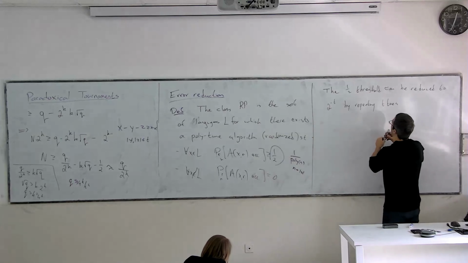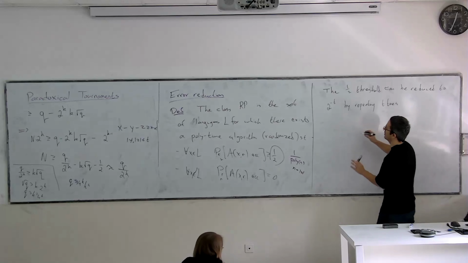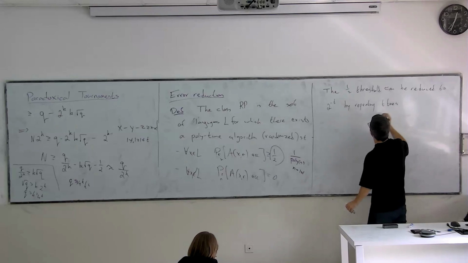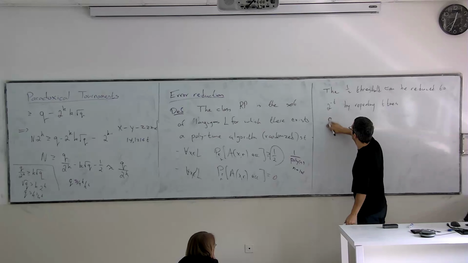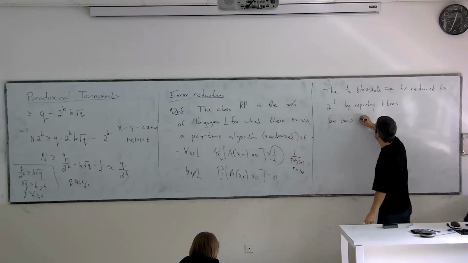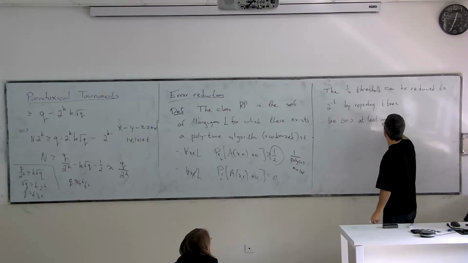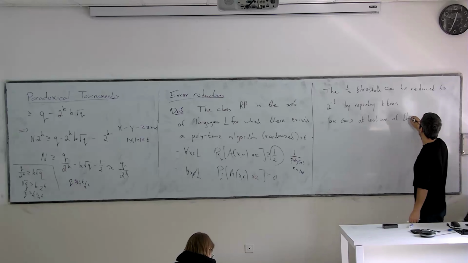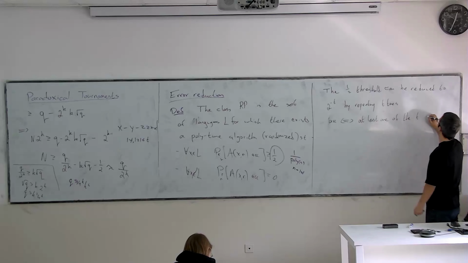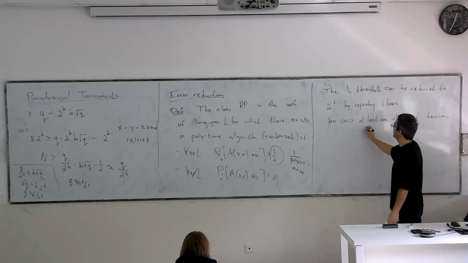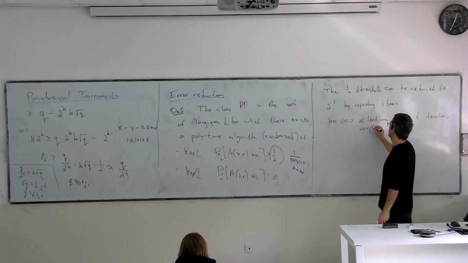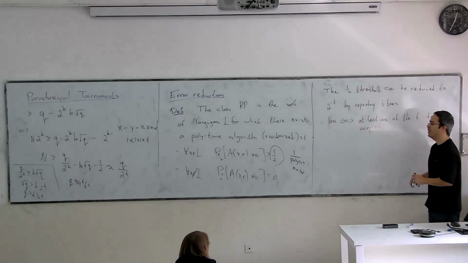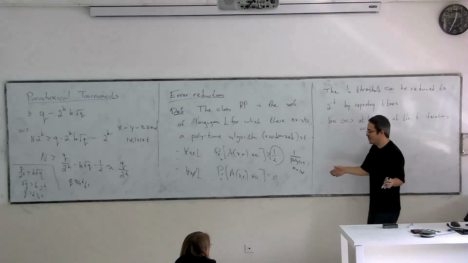So you accept if and only if at least one of the t iterations accepts. And the point is that if x is not in the language, you can repeat as much as you want.